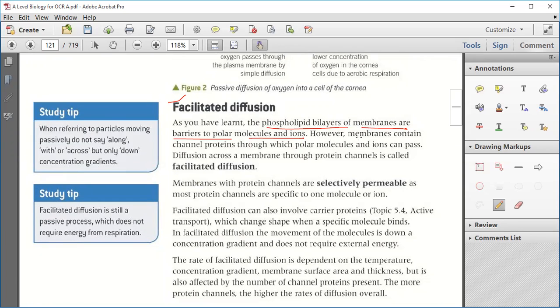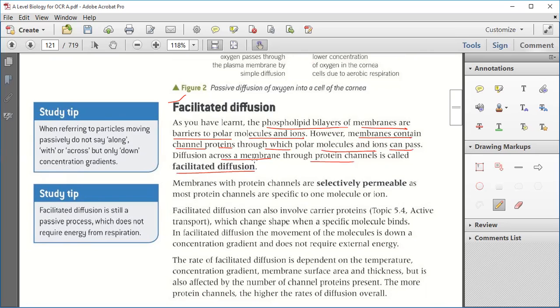However, membranes contain channel proteins through which polar molecules and ions can pass. Diffusion across the membrane through a protein channel is known as facilitated diffusion. Is that point clear?